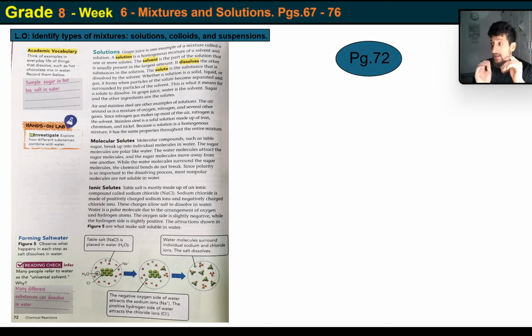Whereas in ionic solutes, the ions separate and spread out individually into the solvent. And the ions are strongly attracted to the solvent because the water molecules are positive and negative, which pulls the ions apart. Whereas the molecular solutes are attracted to the solvent through weaker forces like hydrogen bonds. Okay, and that's as far as you need to know, really.